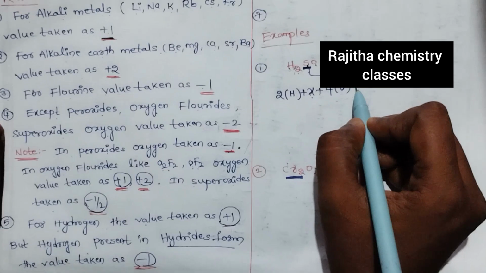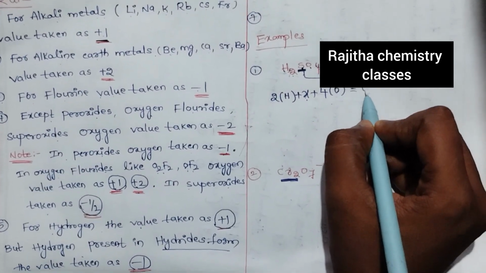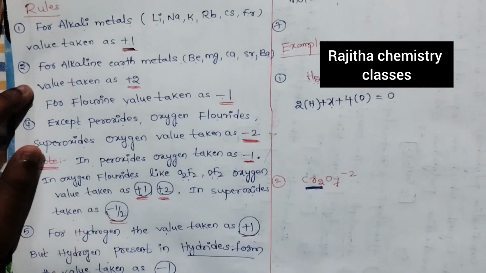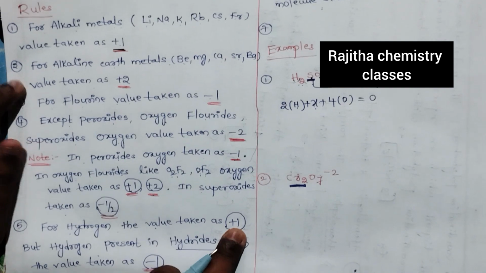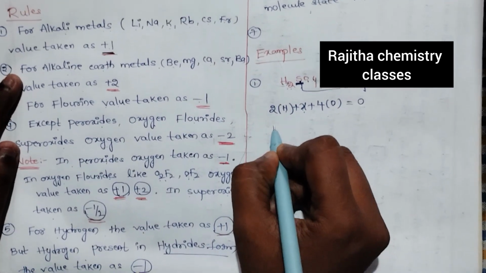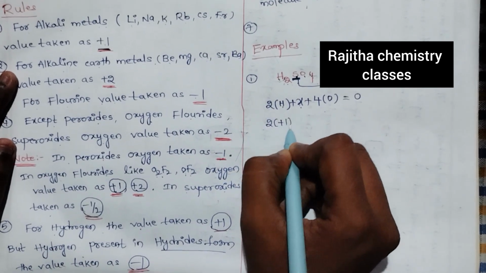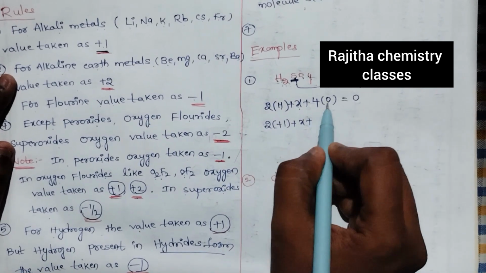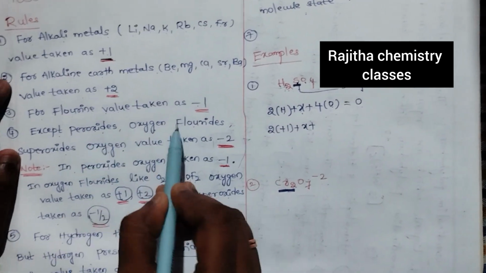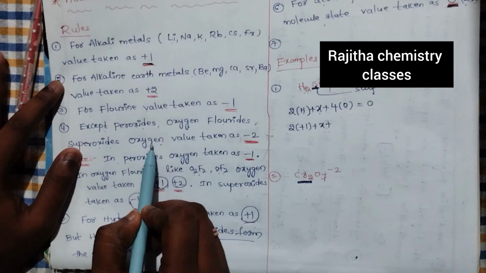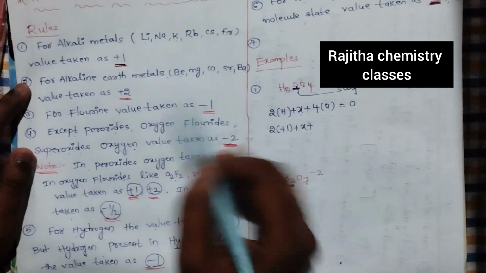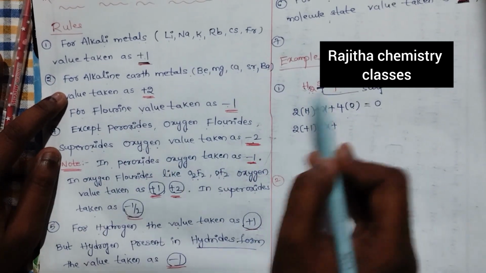There is no charge on this molecule, so it is equal to 0. From the rules, the hydrogen value is +1, so we substitute +1 for the hydrogens and X stays as it is. For oxygen, except in peroxides, oxygen fluorides and superoxides, the value is commonly -2. Here oxygen is in the common state, with no peroxide, oxygen fluoride or superoxide form.